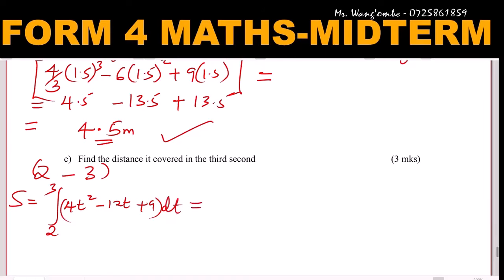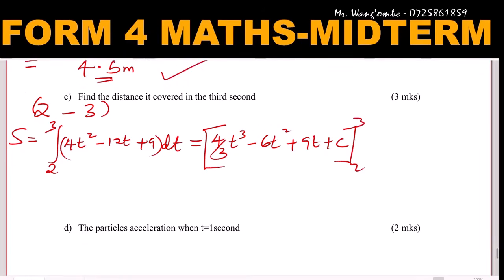We have already done this, so this will give 4/3 t³ − 6t² + 9t plus a constant of integration, from 2 to 3.